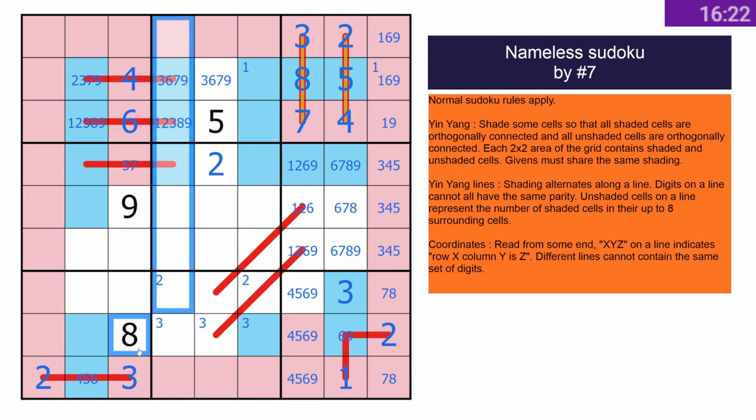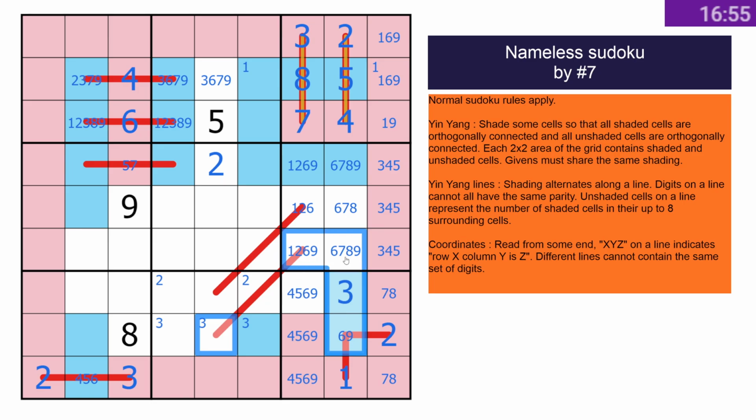So in column 4, there's some sort of digit. So, I mean, if that's a 6, right, that would have to be 7 or 9 there, but that's okay. Surely I can do something about this stuff. So if these two cells are blue, you get pink there, you get pink there, that's therefore blue.